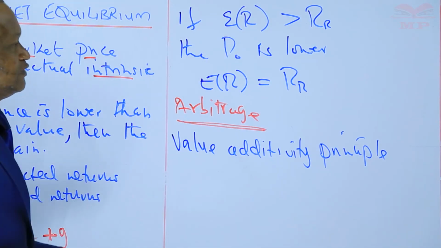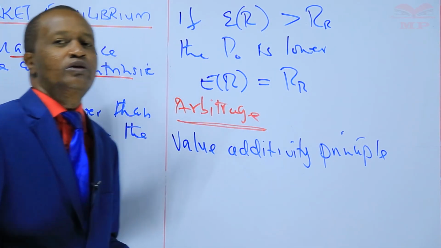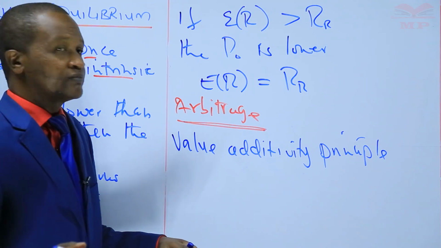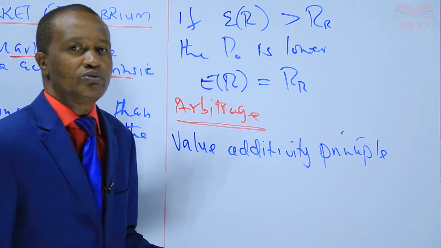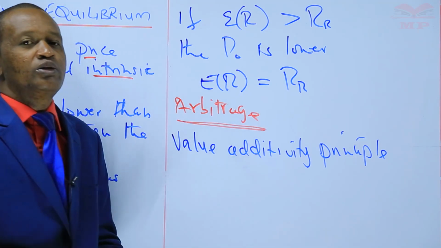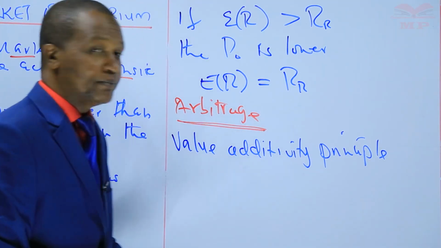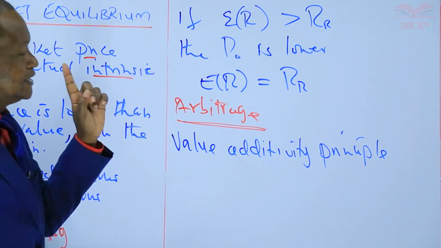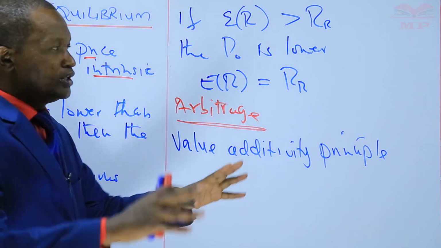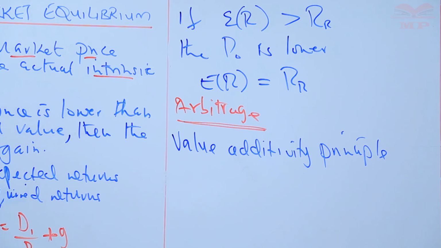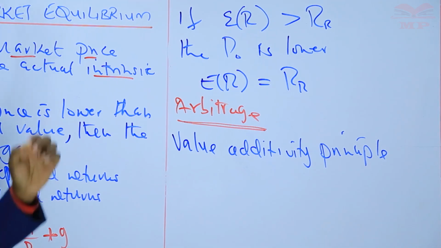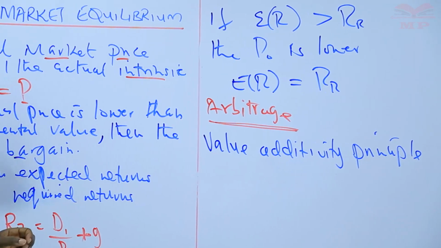That's the value additivity principle. So, candidates, arbitrage is just an operation which generates positive profit with no outlay of capital and no risk taking. In short, that's what we refer to as equity market equilibrium.